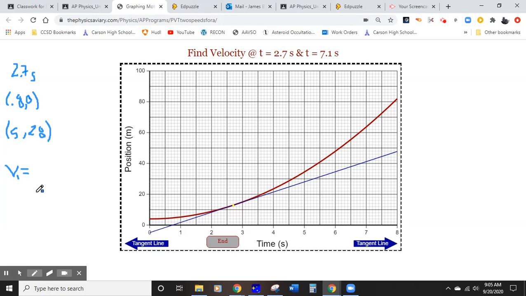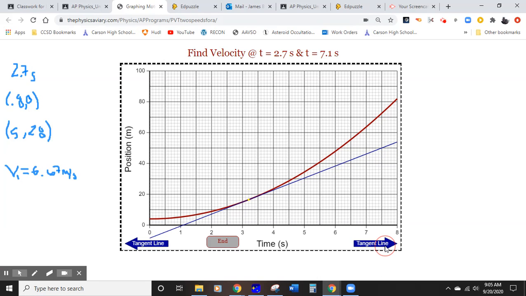It looks like I got 6.67 meters per second. So that's the instantaneous velocity at 2.7 seconds. Okay, so now we have to find the velocity at 7.1 seconds.